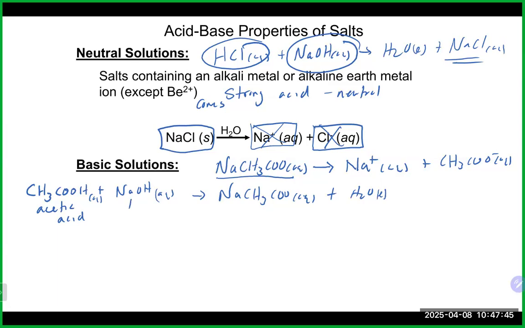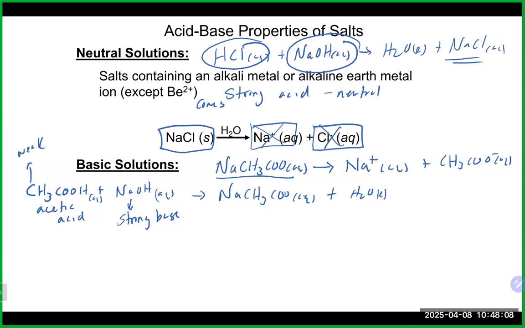Now, obviously here, our sodium hydroxide is a strong base. Acetic acid is what type of acid? Strong or weak? It is weak. And by the way, you know that by the process of elimination of the 6 strong acids. It's not one of the 6 strong acids, which means it's going to be weak in this case.